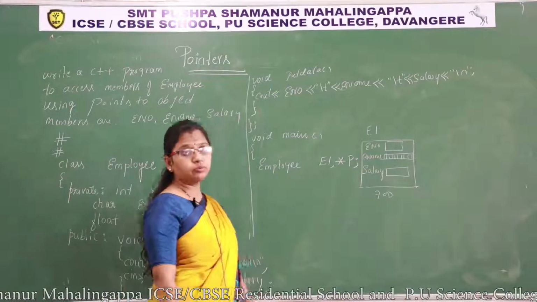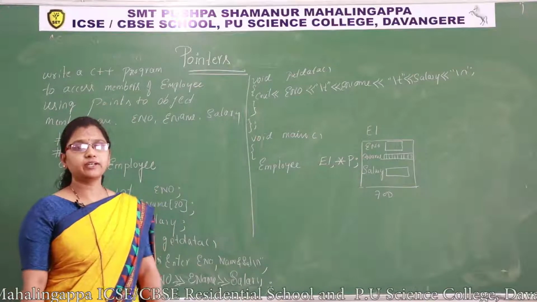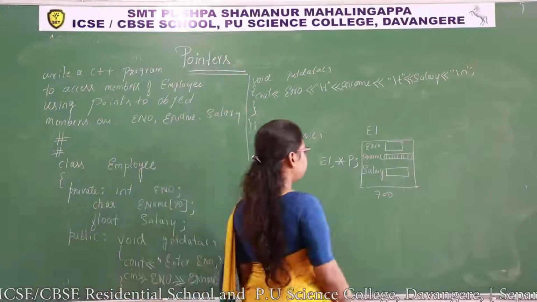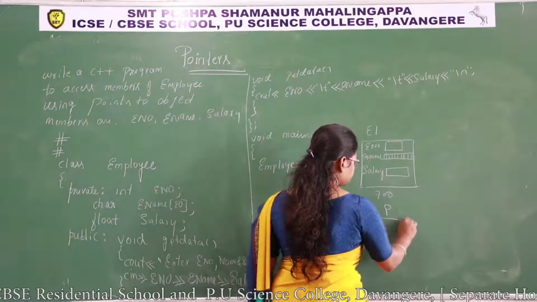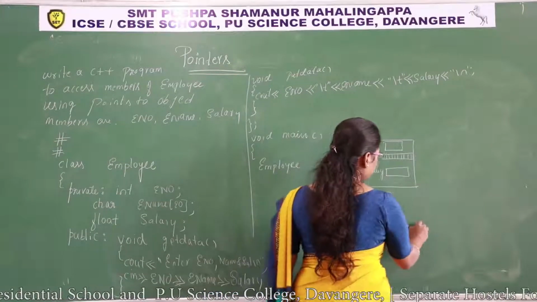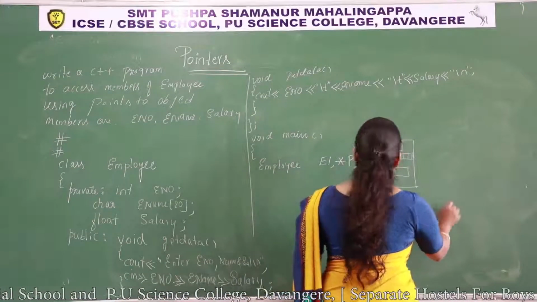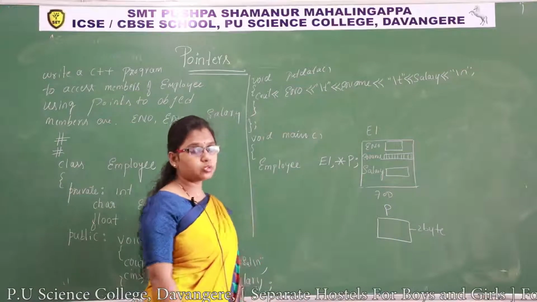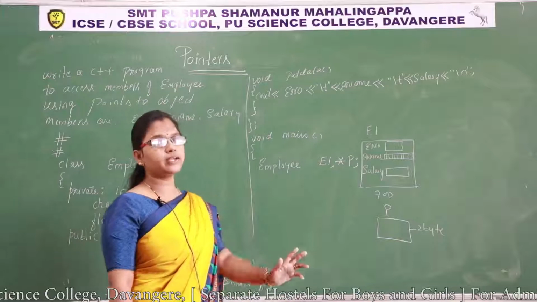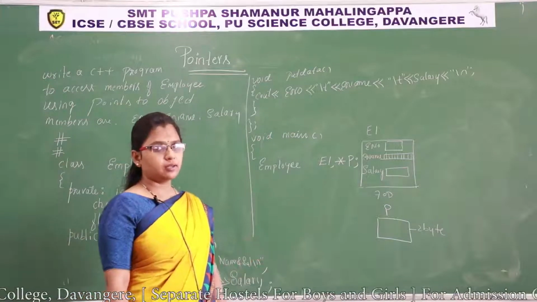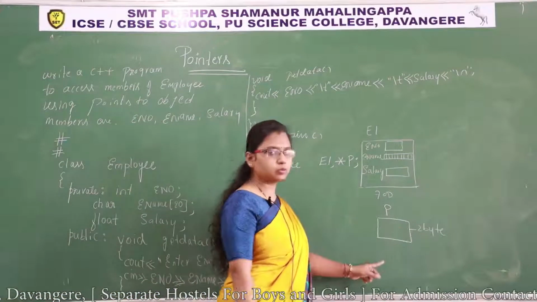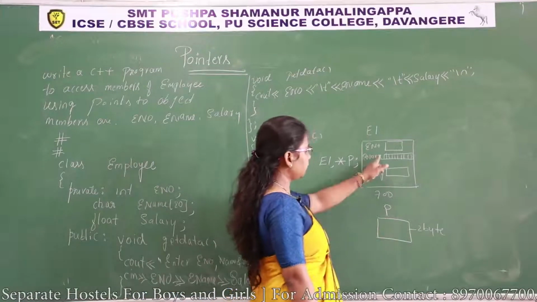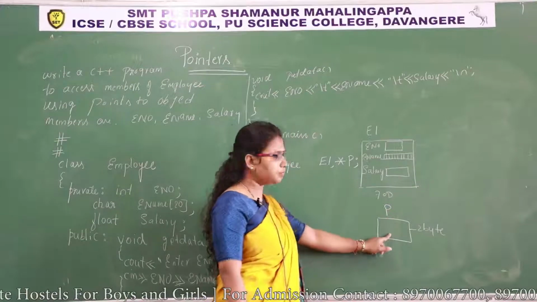You all know whatever the type of pointer, it takes only 2 bytes, isn't it? So P takes a 2 byte memory location, though it is an Employee type pointer. The nature of that pointer is that it stores the address of an Employee type memory location, but it occupies 2 bytes.